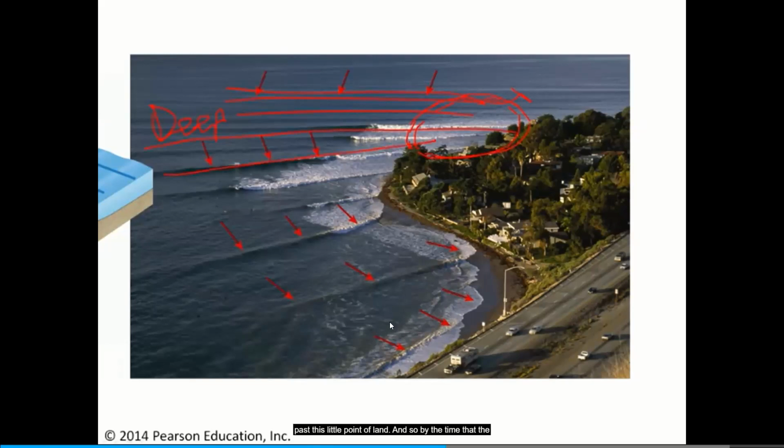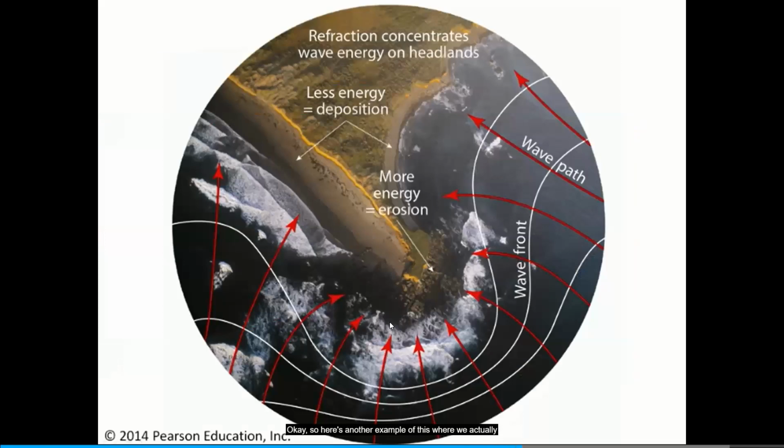By the time the waves make it to the beach over here in the foreground by where the cars are, you can see they're in a totally different orientation. This orientation here is parallel to the shore, whereas the original orientation off at sea was quite different indeed.